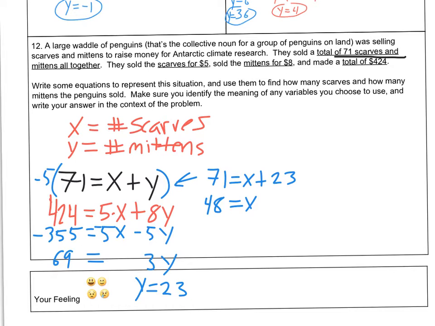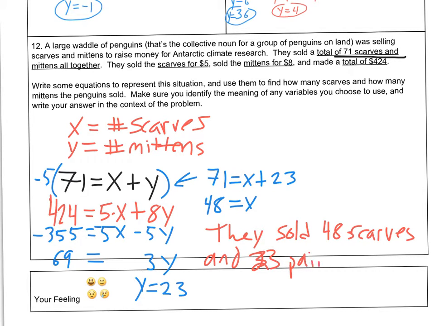So in looking at this, you do need this last sentence, they sold 48 scarves and 23 pairs of mittens.